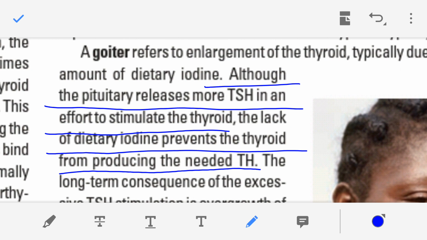So what actually happens in goiter is that the pituitary is releasing more and more TSH. The pituitary gland wants to stimulate the thyroid gland, so it releases more TSH. But as iodine is absent, the thyroid gland is not able to synthesize the TH hormone.